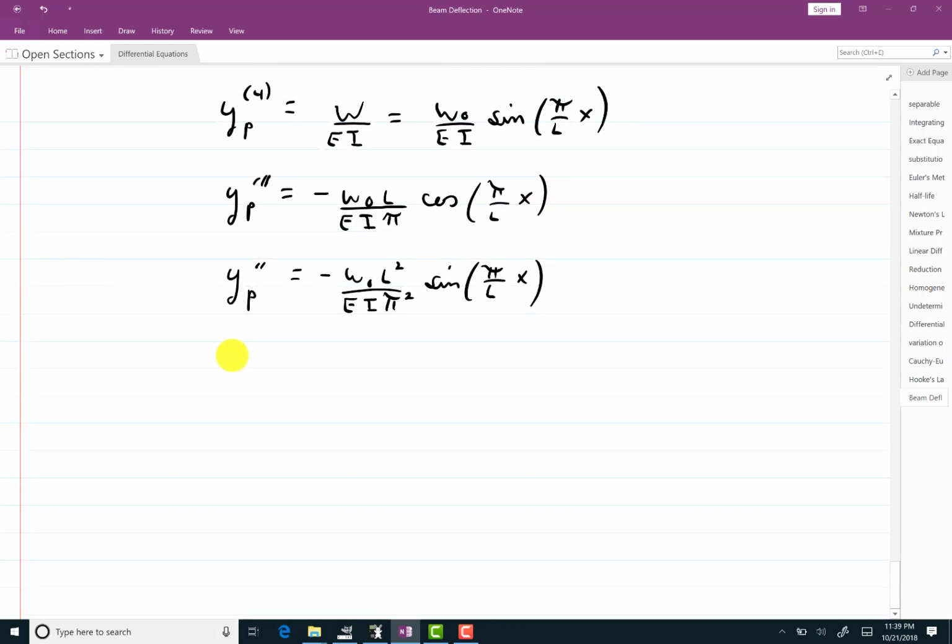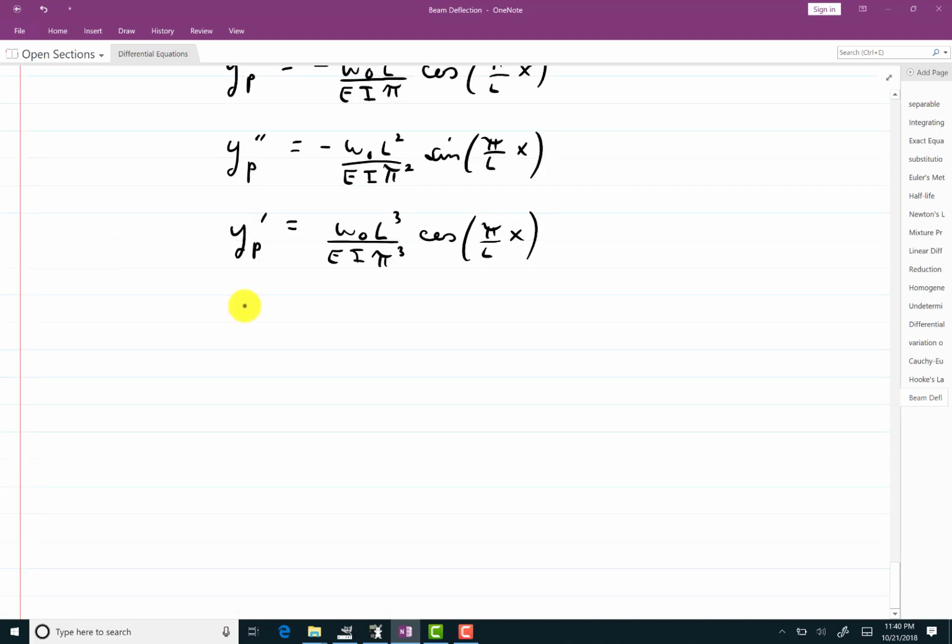Integrate again, y sub p prime will equal, now the antiderivative of sine is negative cosine, so that will fix this negative to a positive, so we'll have W naught L cubed all over EI pi cubed cosine of pi over Lx. And finally, we're ready for y sub p itself. And that will just become a sine. We'll have W naught L to the fourth all over EI pi to the fourth sine of pi over Lx.